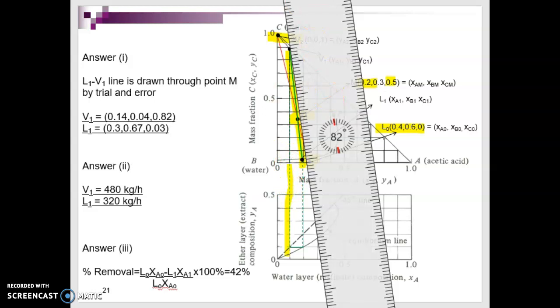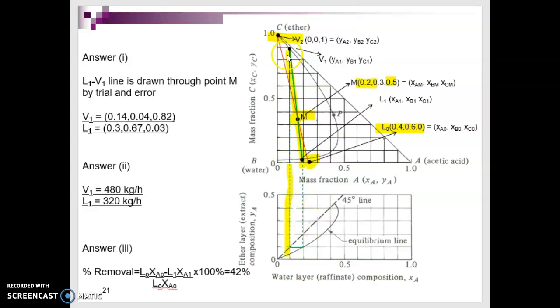So I remove the ruler first. Okay, so you need to extend from your V1 from the top to the bottom to your equilibrium line here, and then to your 45 line, and then go up. So if this line touches your L0, then your line is correct.